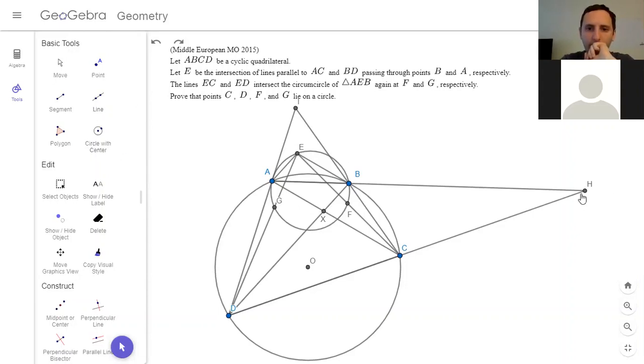So let's see. HX, if we could find the polar of it and then show H lies on the polar.